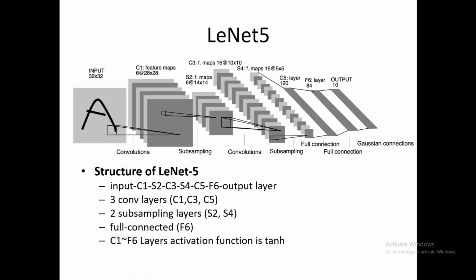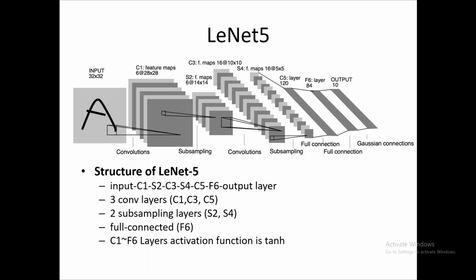The architecture consists of 7 layers: alternating 2 convolution layers and 2 average pooling layers, 2 fully connected layers, and 1 output layer with the softmax activation function. Here we can see the input and C1, S2, C3, S4, C5, F6 and the output layer.